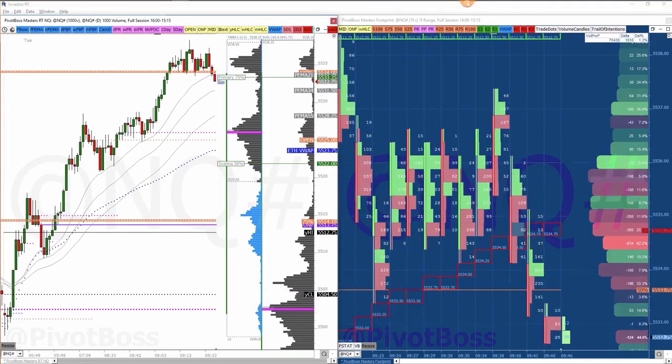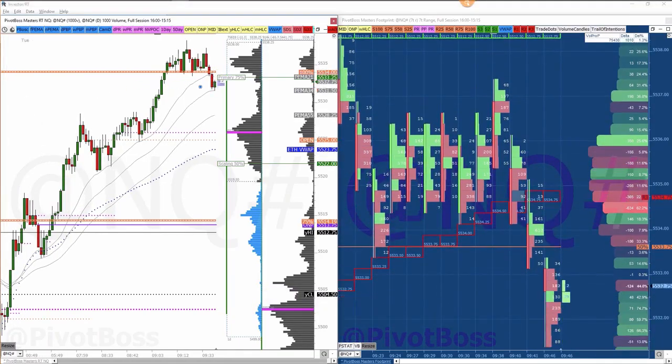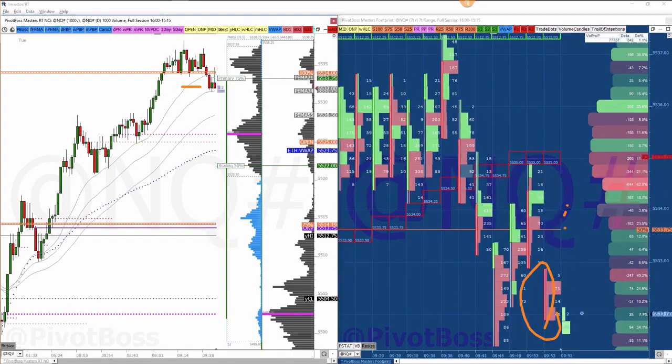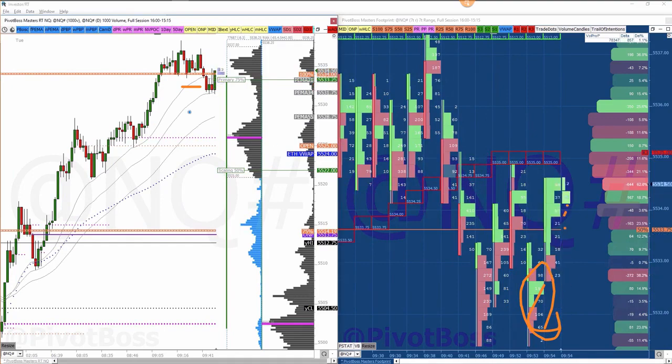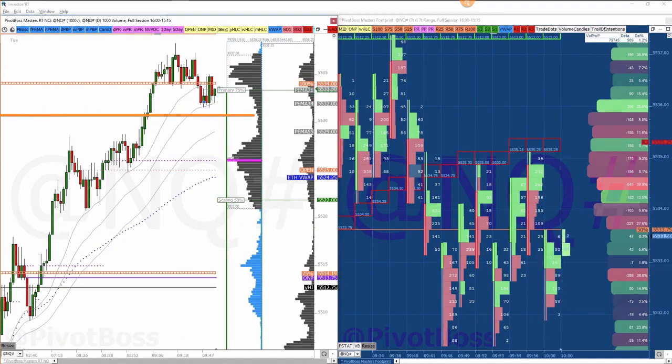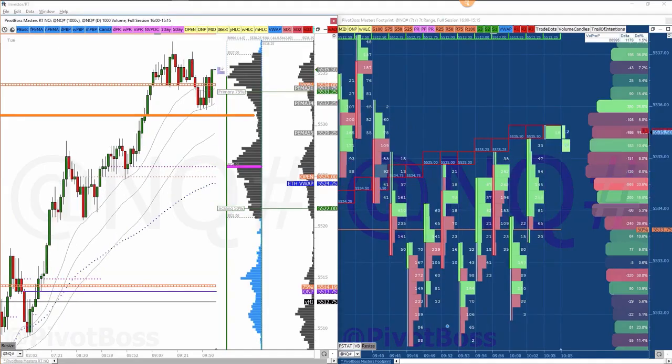So here it is, a little bit of a pullback, and there it is going into the zone. Look at those sell imbalances right there, a lot of sell imbalances and price ticking up. Coming back again, more sell imbalance, price ticks up. Right there, into the LVN and the trigger zone, bulls are coming in and rotating price back up.